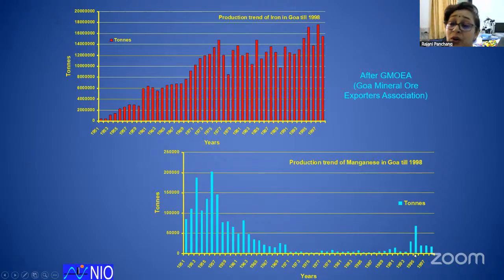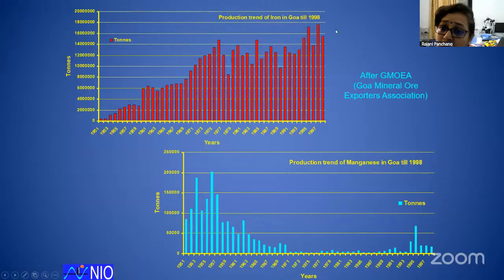Again, to find out the reason, I went and looked at the Exporters Association. I saw that the steel making technology in the world has changed. In the 70s, the steel used a lot of manganese. But with time, manganese demand has reduced all over the globe and iron production has increased.